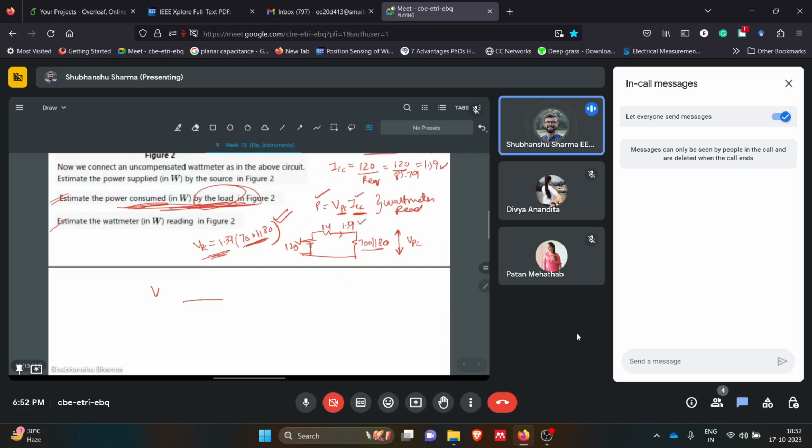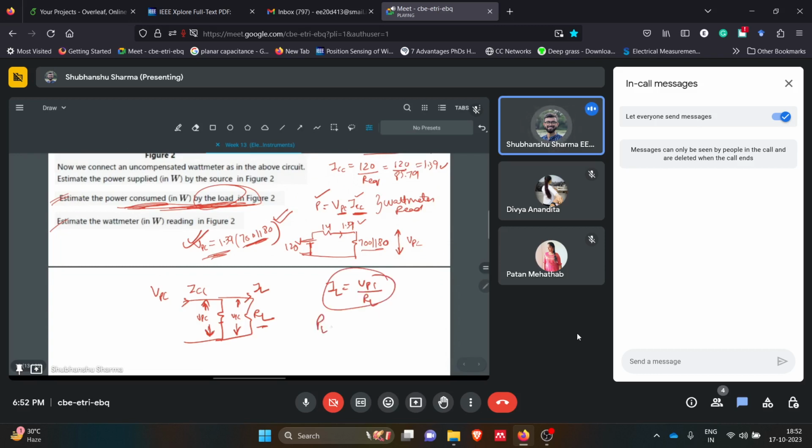Now we know this is VPC, which we calculated from here because we knew ICC. Now this is RL. So what will be IL? IL will be VPC divided by RL, because this voltage drop is the same across the load resistance as well as the power coil resistance. So this will be our load current.